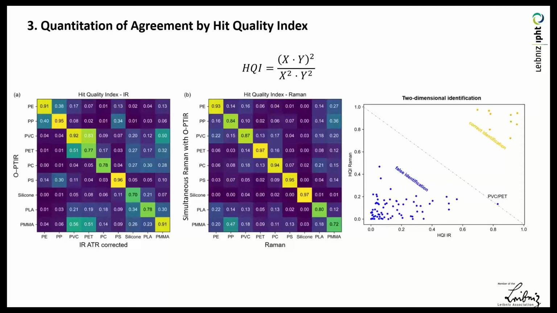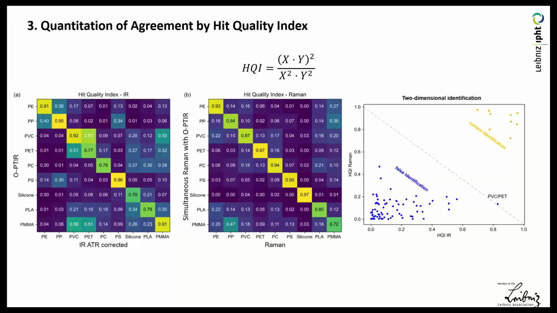And then if you compare the hit quality index of the infrared system with the OPTIR spectra, you get the highest agreement along the diagonal, and the off-diagonal data are close to zero. Ideally, for example, here, the agreement between polycarbonate and polyethylene gives a hit quality index of 0.